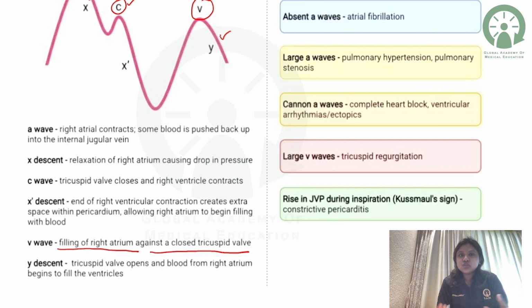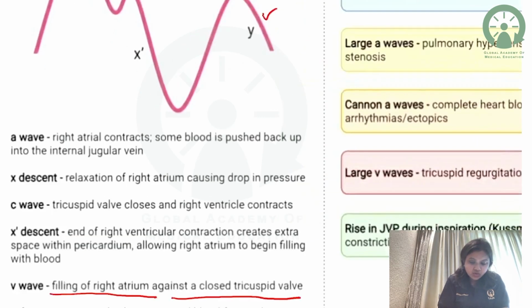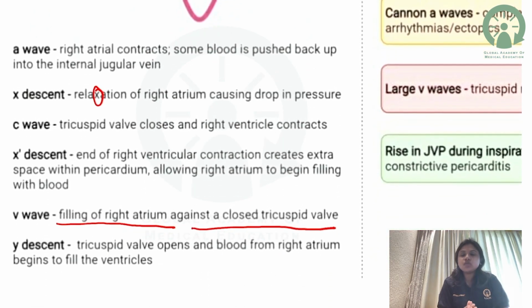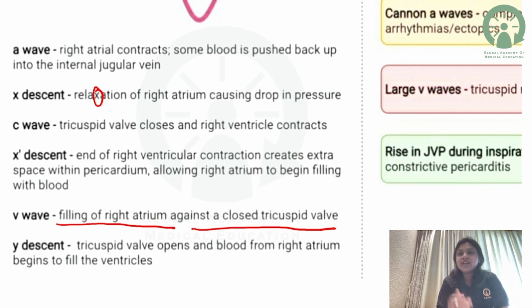Next, coming to the two descents, the X descent and the Y descent. X descent is relaxation, X for X. So relaxation of the right atrium which results in a drop of pressure, whereas Y descent is because of opening of the tricuspid valve and the blood from the right atrium ultimately begins to fill the ventricles.